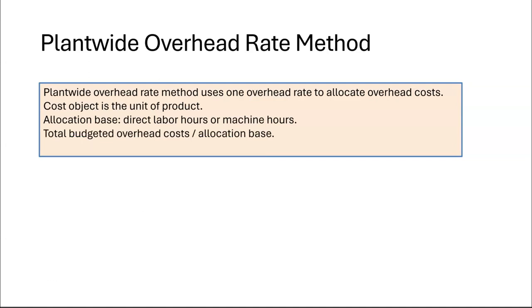The way you determine the rate is you take the budget that you establish at the beginning of the year divided by the budgeted allocation base that you establish at the beginning of the year. So remember, to come up with the rate, you're using the annual estimated overhead costs and the annual estimated usage. And then the same rate is going to apply to all products.